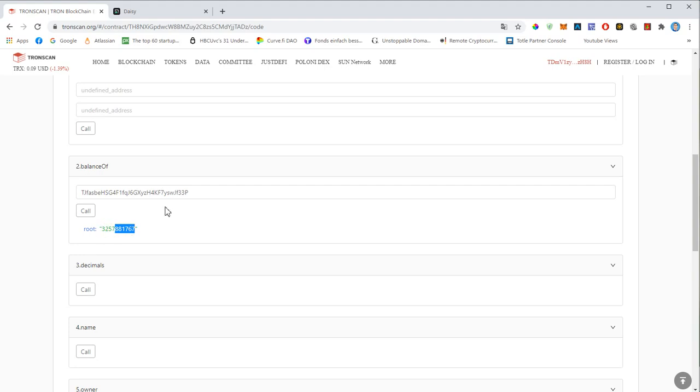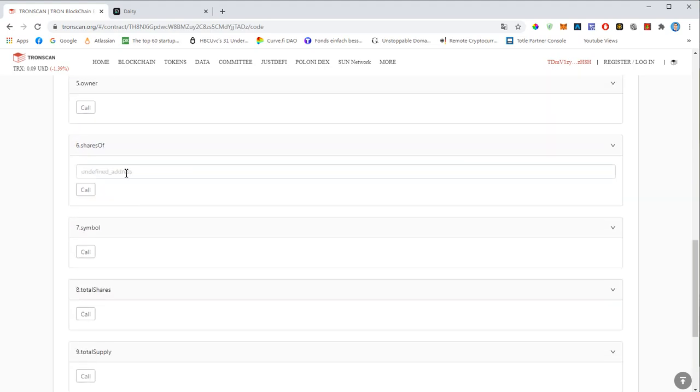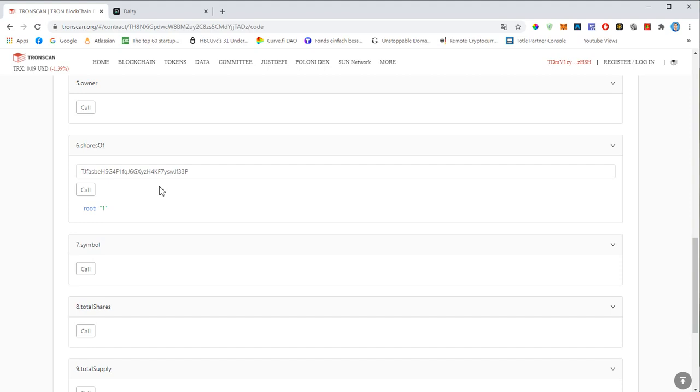So a bit more than $3,000. And then how many shares that person has in the Paysetter leadership. This is one share, and I can actually show you someone who already has 3 shares in the Paysetter leadership pool, right?